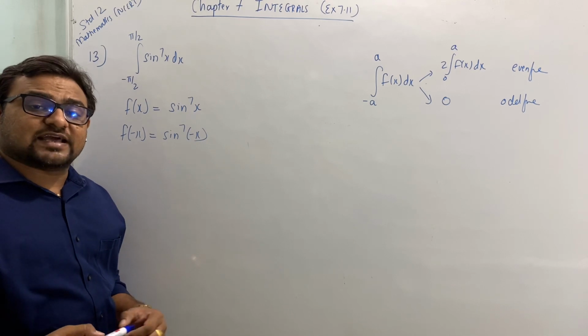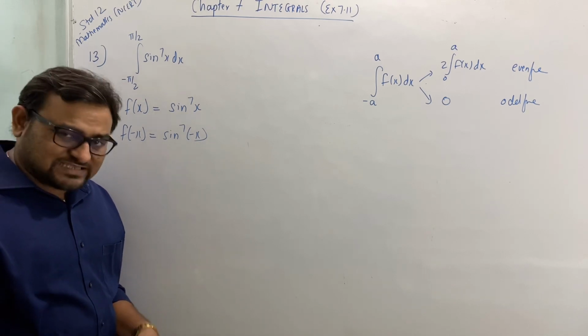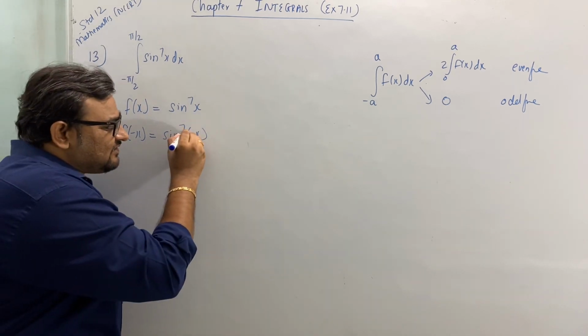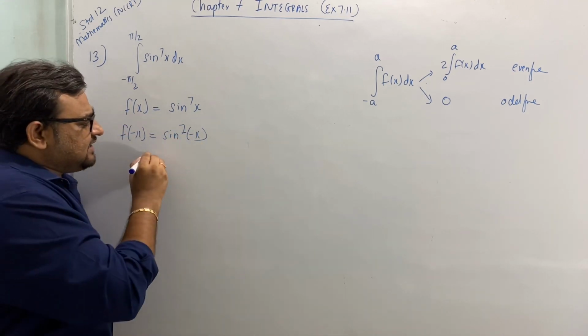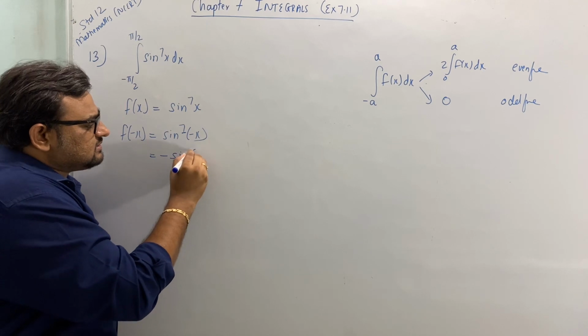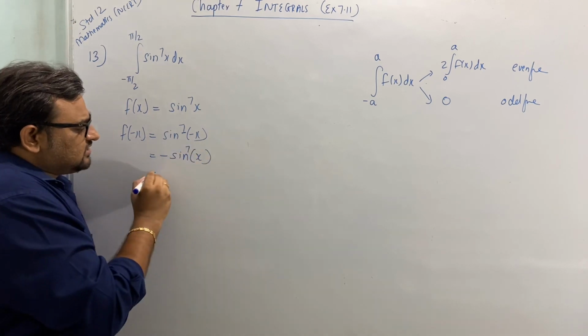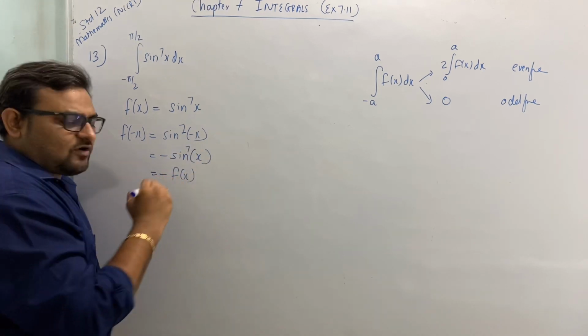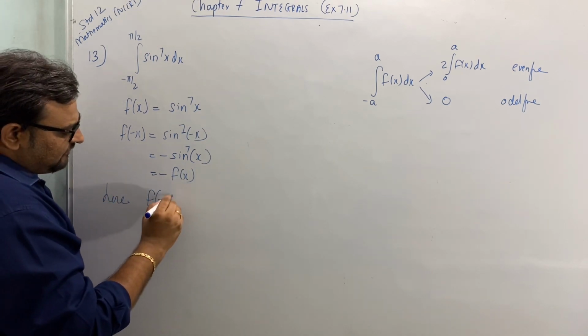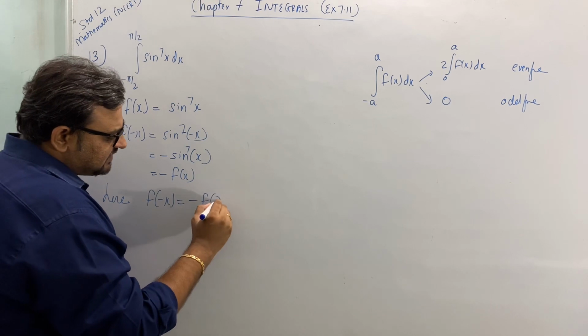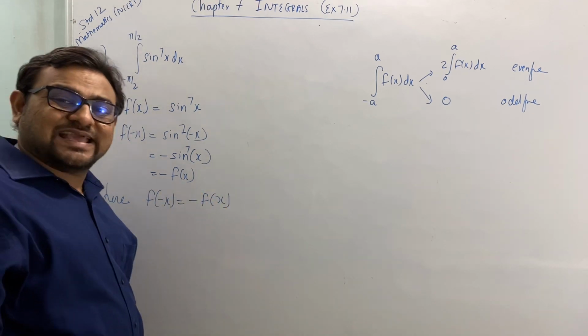Again, we know that sine of minus x is minus sine x, and here it is having an odd power, so it will again be minus. So this is equal to minus f of x. So here I can say that f of minus x is equal to minus f of x.